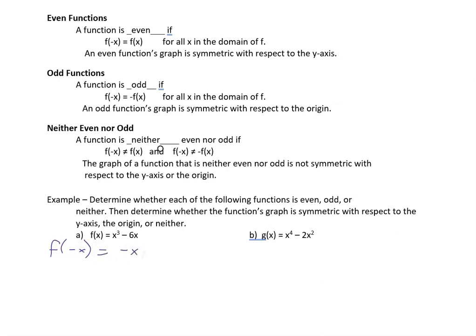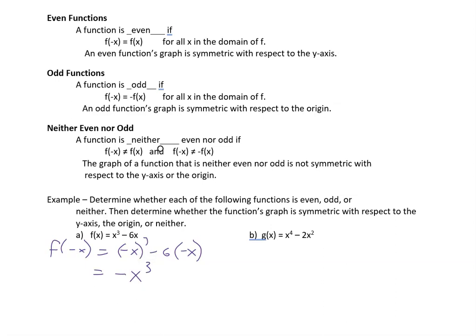So we get negative x cubed minus 6 times negative x. So f of negative x is actually equal to negative x cubed, because a negative times a negative times a negative would be a negative, and then just x cubed.